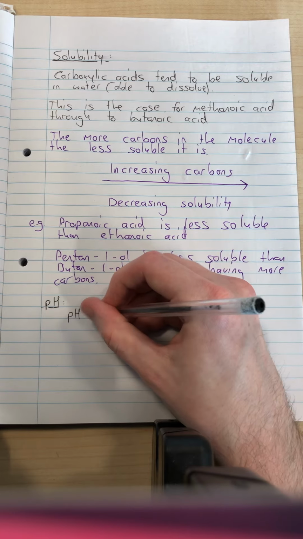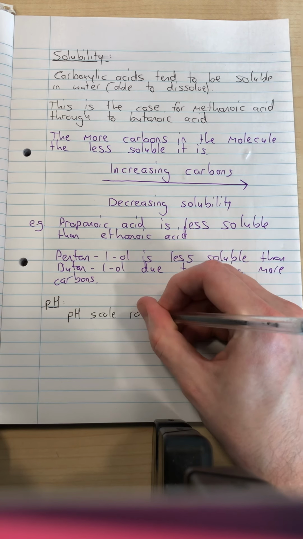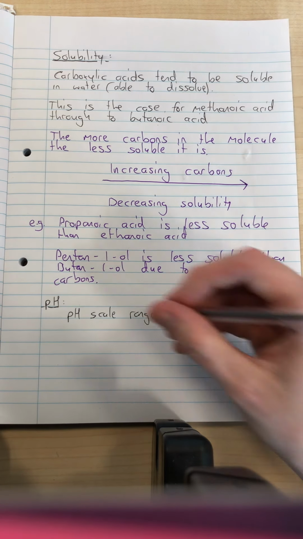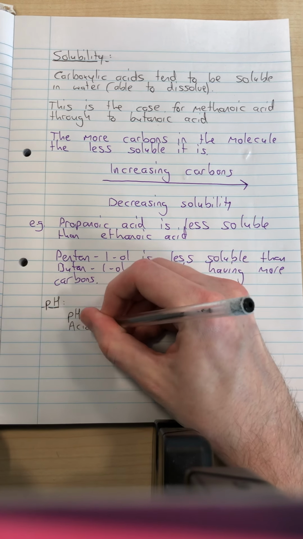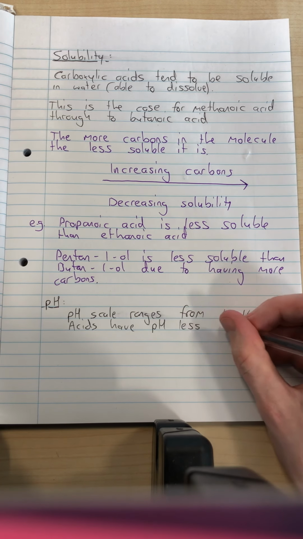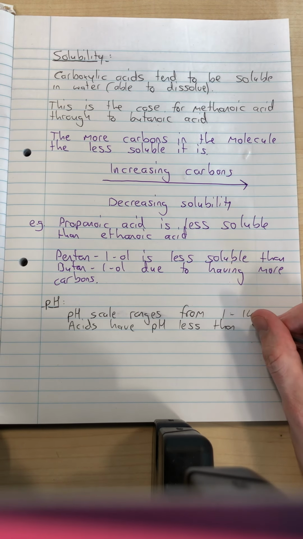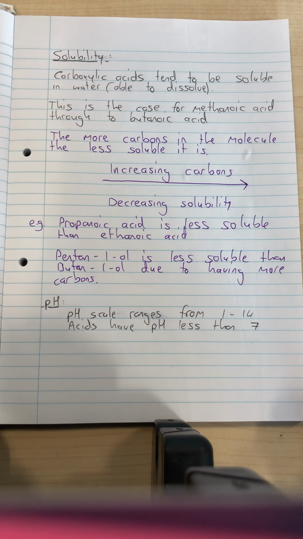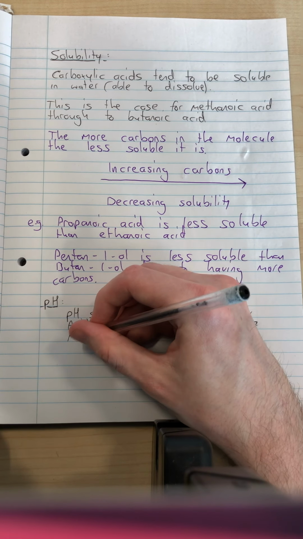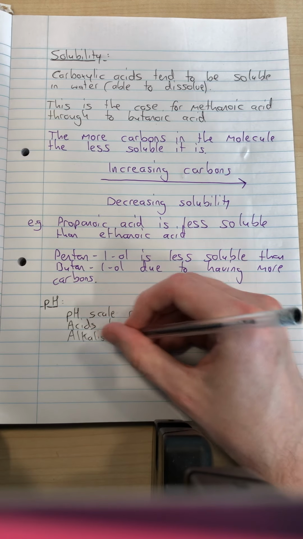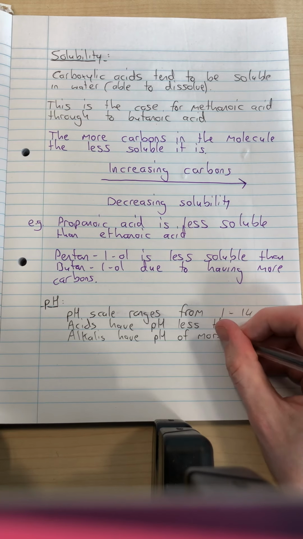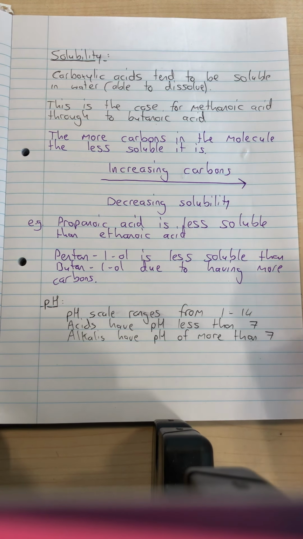If you can remember from second year, the pH scale ranges from 1 to 14. Acids have a pH of less than 7. Can you remember what has a pH greater than 7? Alkalis have a pH of more than 7.